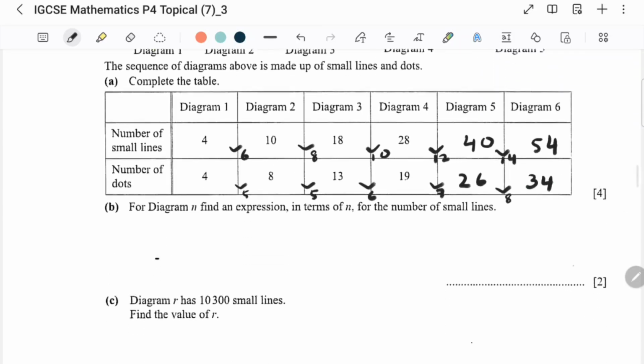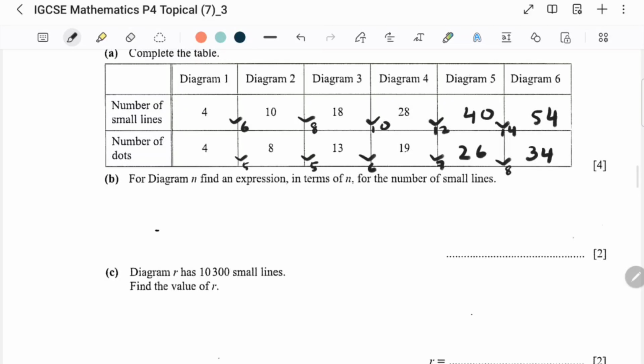For the diagram, find the expression in terms of n for the number of the total lines. Okay, so for lines we'll be taking this sequence: 4, 10, 18, 28, 40 and 54.